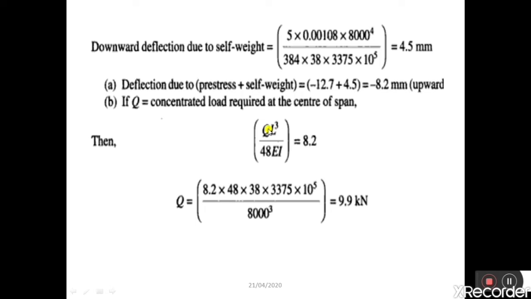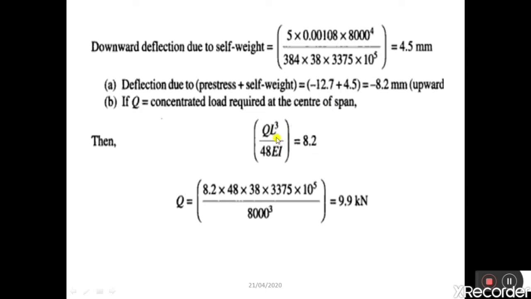So here we have taken the symbol for concentrated load as Q, therefore it is QL cube by 48 EI. So as I told you, the deflection due to this value should be equal to plus 8.2. Then only the net deflection will be equal to 0.